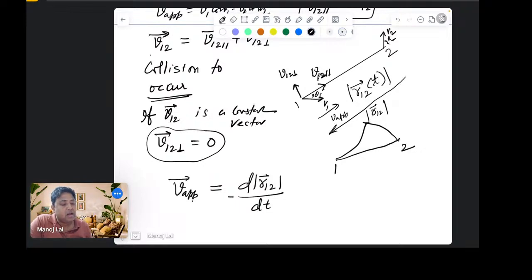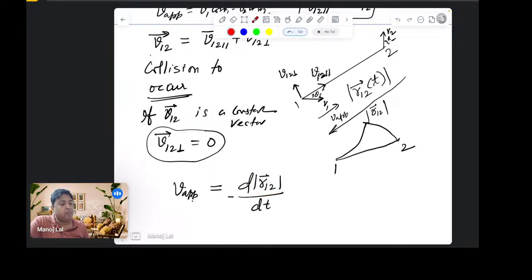So this is the velocity of approach we can say. With time, minus dR12 by dt, this value will decrease.